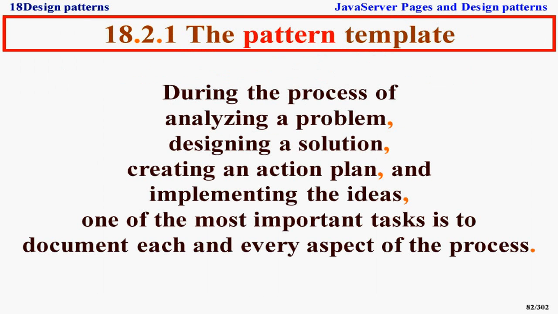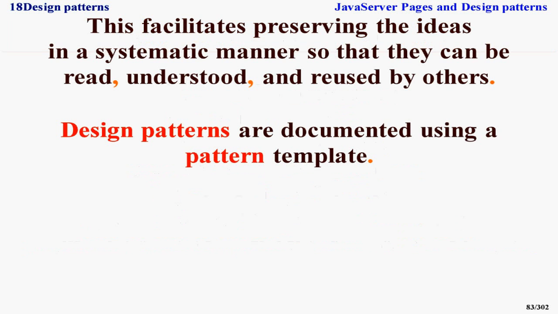During the process of analyzing a problem, designing a solution, creating an action plan, and implementing the ideas, one of the most important tasks is to document each and every aspect of the process. This facilitates preserving the ideas in a systematic manner so that they can be read, understood, and reused by others. Design patterns are documented using a pattern template.